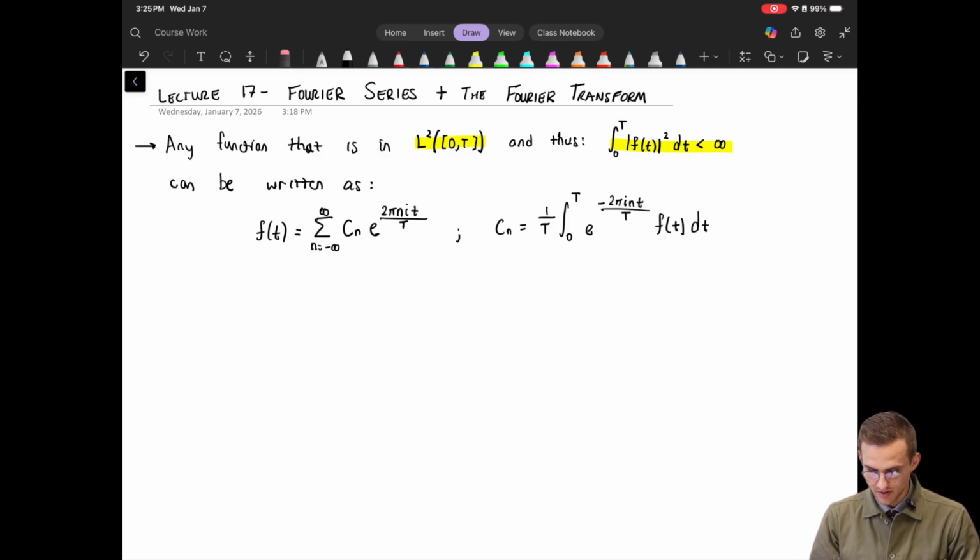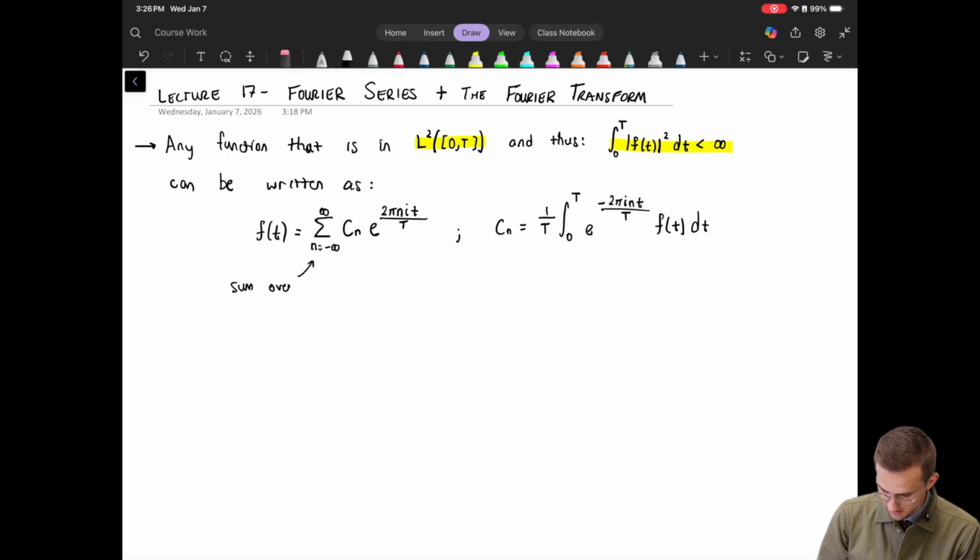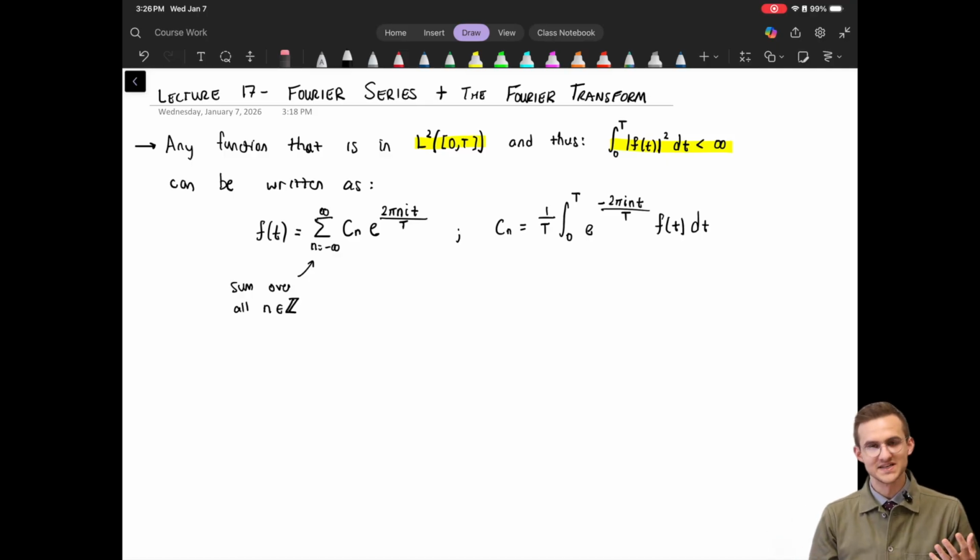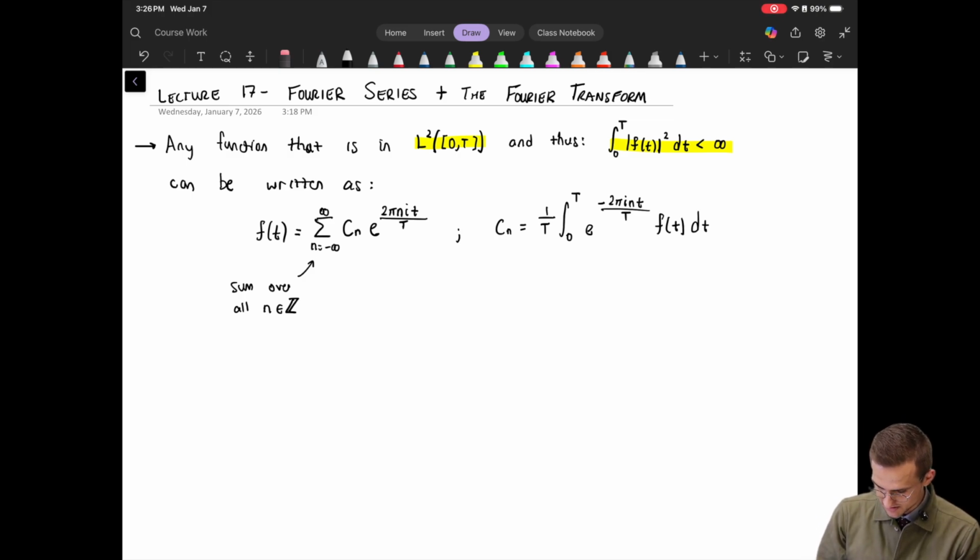Okay? So just to make it very clear, this is a sum over all n in this space called Z, that's just positive and negative integers.